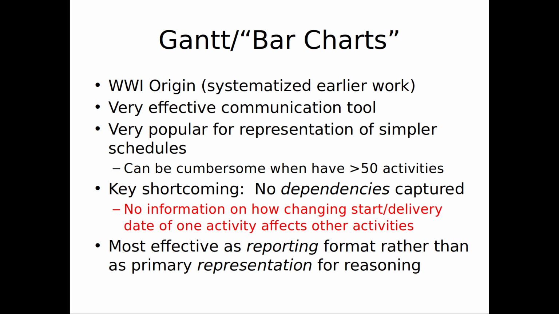Maybe there's a task E here that can't be started until B is completed. So we can't start end-to-end testing until these features are in place, right? We can't start performance testing and sort of scale testing until this core algorithm is in place.